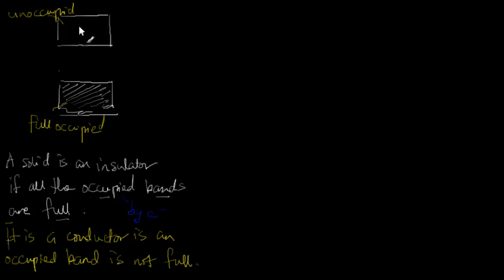This is the next band up, and it's unoccupied. That's fully occupied. So all the occupied bands are fully occupied. So this is an insulator, right? So that's what this is.